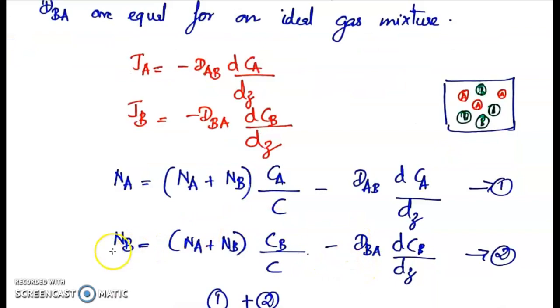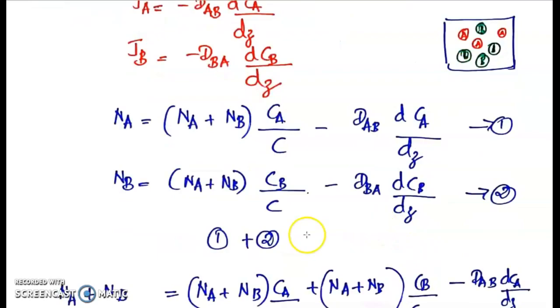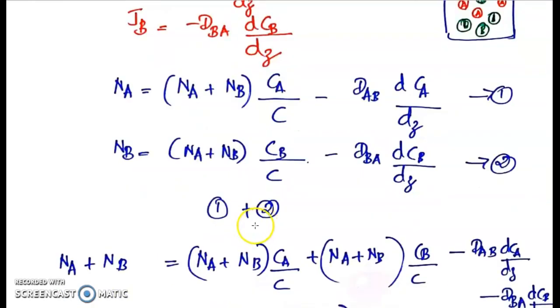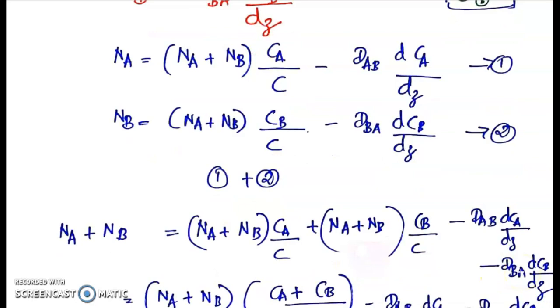Similarly, we can write the molar flux NB is equal to (NA plus NB) into CB by C minus DBA into dCB by dZ. So add these two. So 1 plus 2 will give you NA plus NB is equal to (NA plus NB) into CA by C plus (NA plus NB) into CB by C minus DAB dCA by dZ minus DBA dCB by dZ.